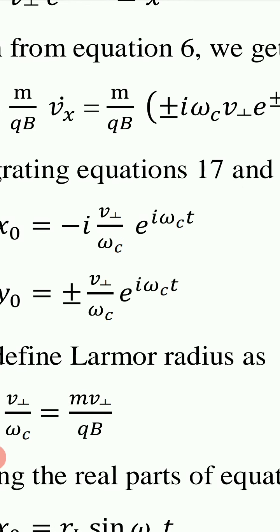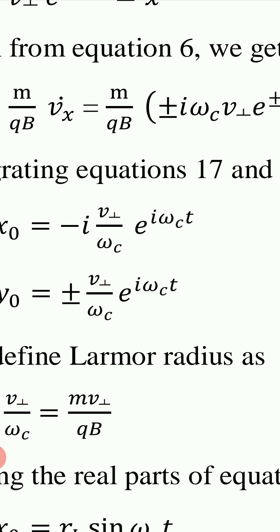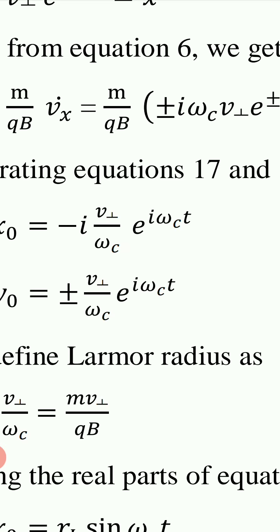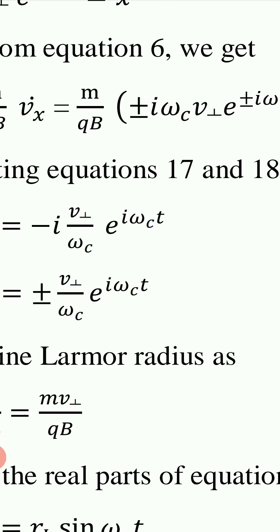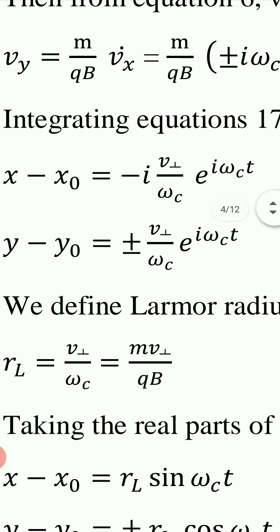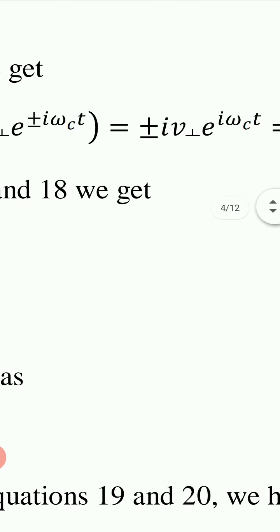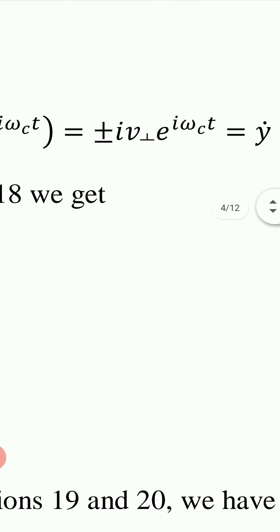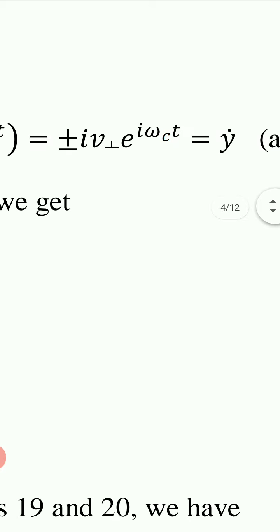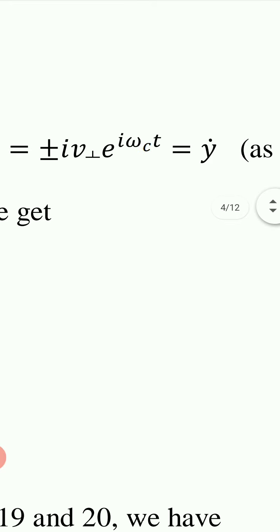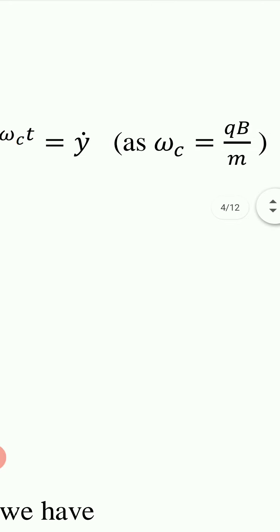So in the denominator we have qB upon m, which is omega c, and this omega c cancels this omega c, and we get plus minus i V perpendicular e to the power plus minus i omega c t, and this is y dot.